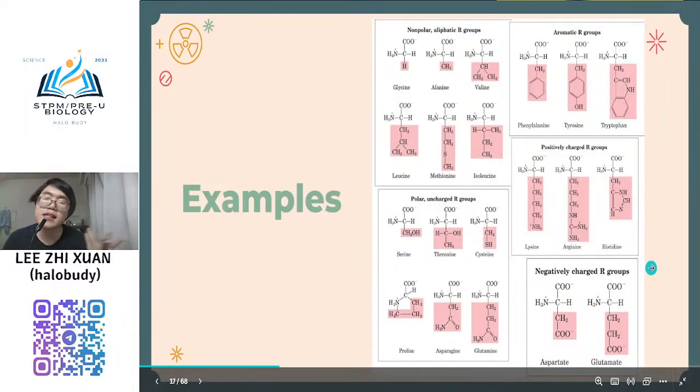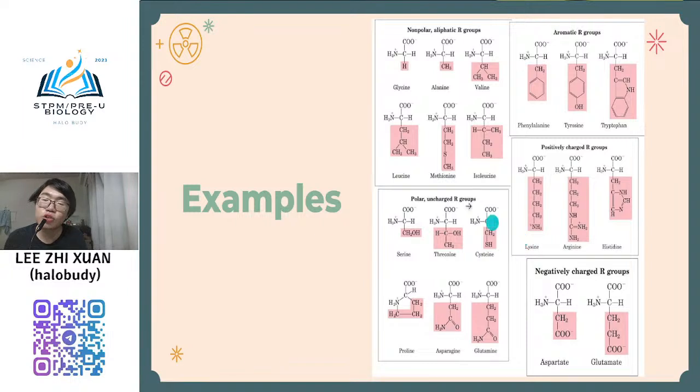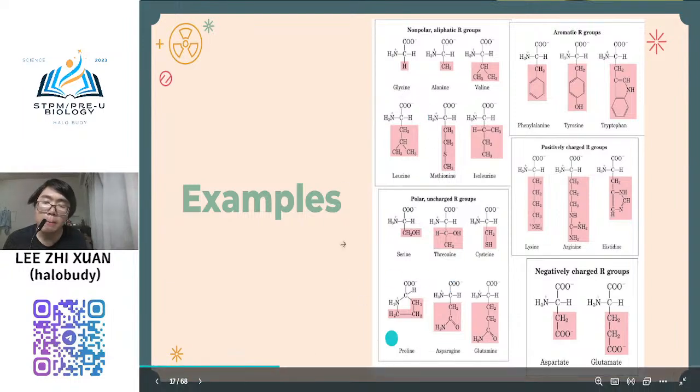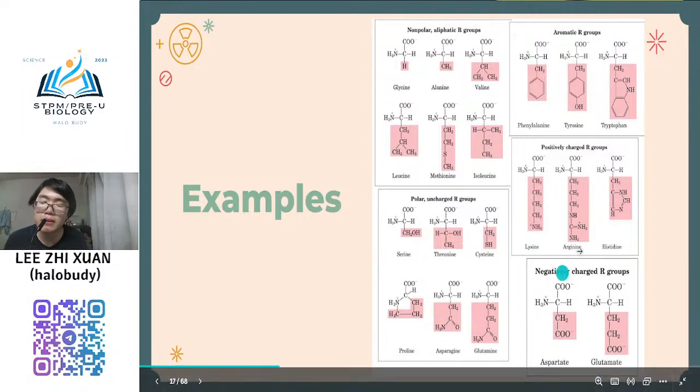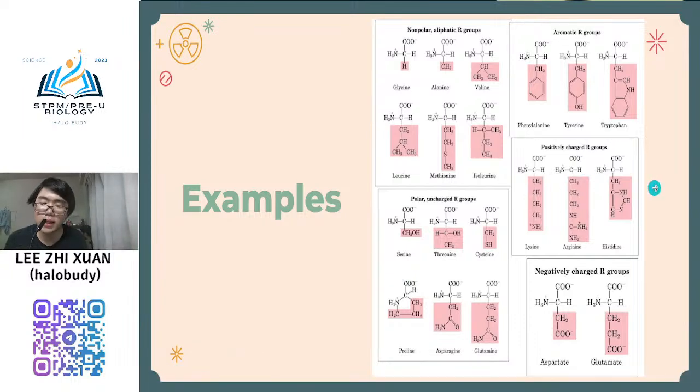So you see this diagram, there are a total of five main groups of amino acids: non-polar amino acid, polar amino acid, aromatic amino acid, positively charged amino acid, and also negatively charged amino acid. These five, you need to know.